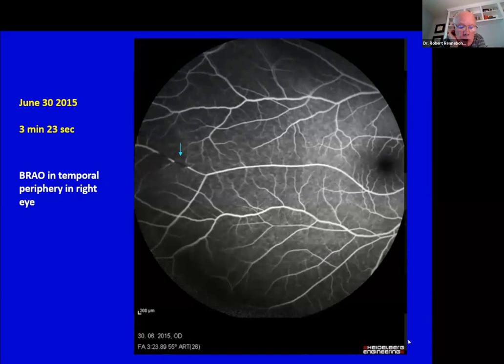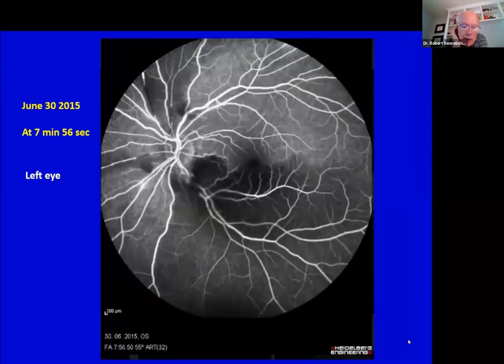On this same initial FA study, she also had a BRAO in the temporal periphery of the right eye. And here is her left eye at the 7-minute, 56-second mark, still showing poor perfusion.